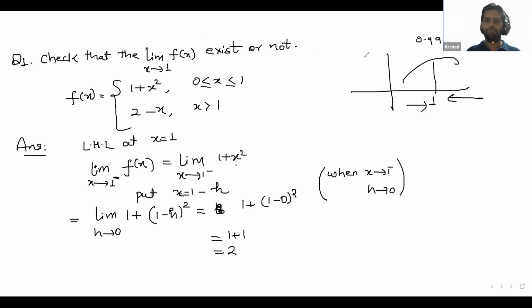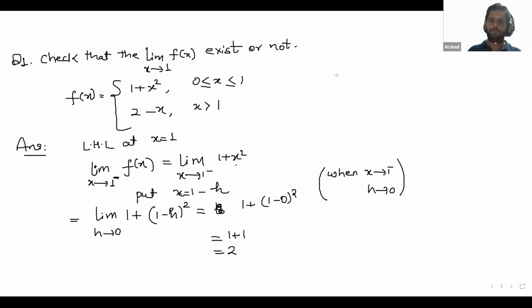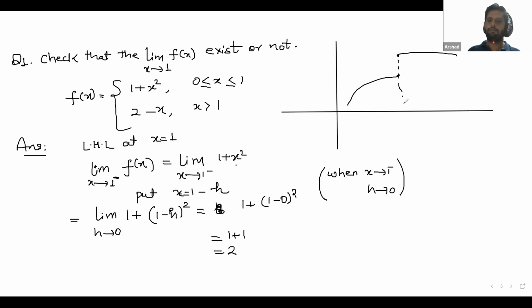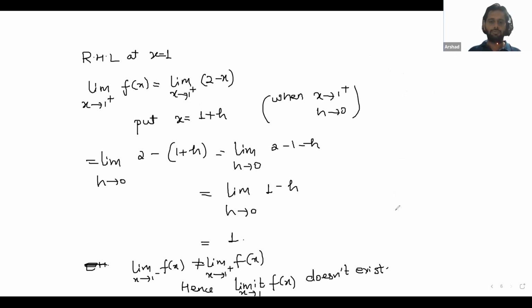I will explain this concept from a graph, what is meant by limit does not exist in this case. For example, if you have this function, let LHL be 2 and RHL is 1.